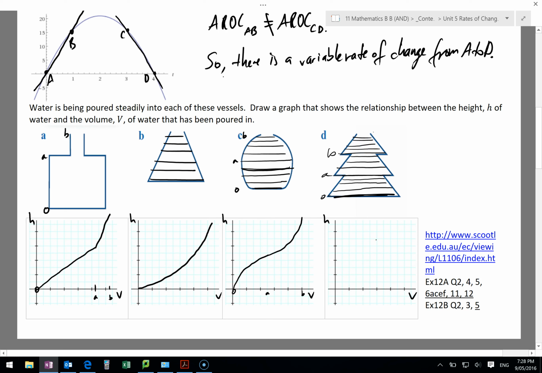So what this one will look like is, because it's getting narrower, it'll start speeding up until the point A, and then it's going to get wider again, but it's not going to get as wide as it was before, so it won't be quite as slow.